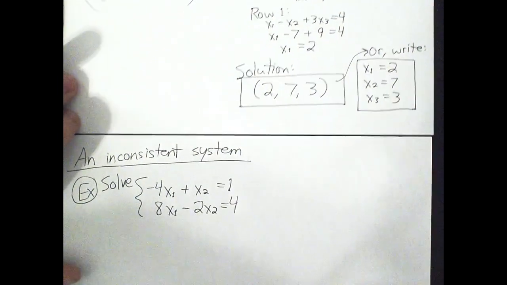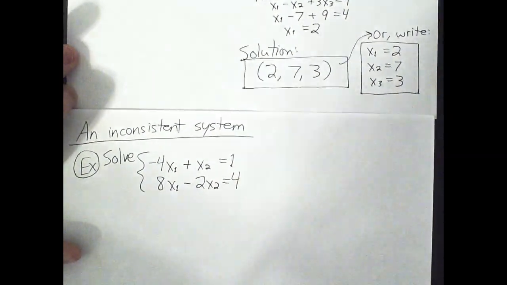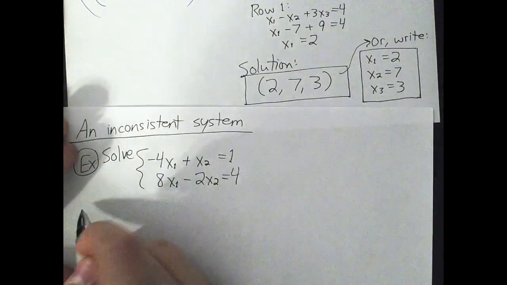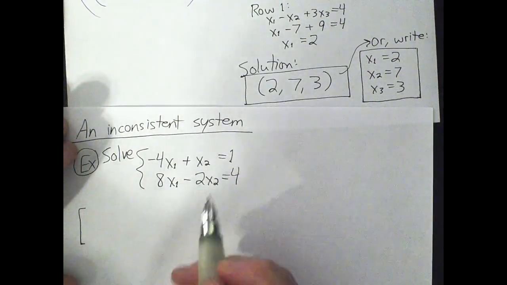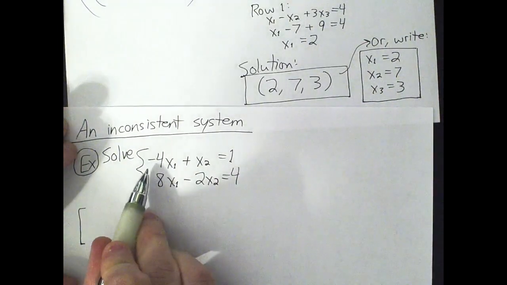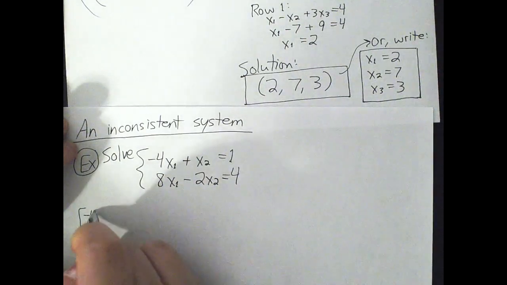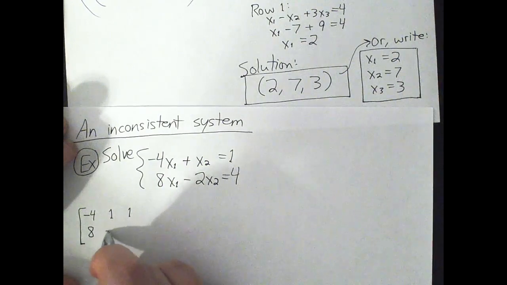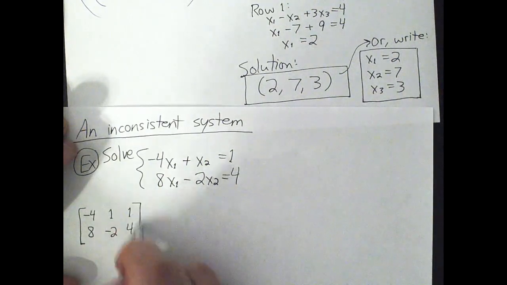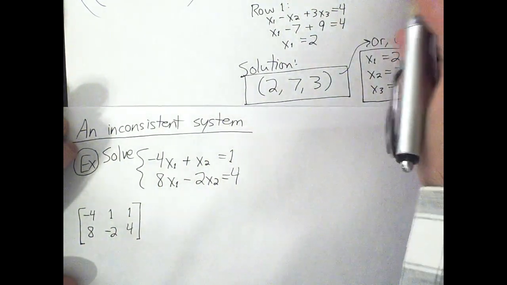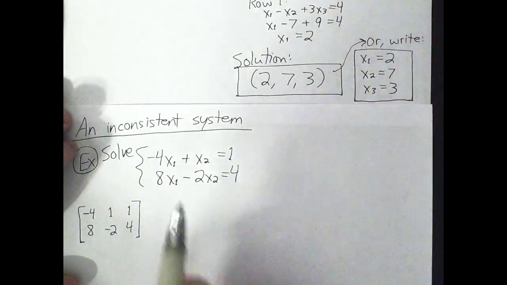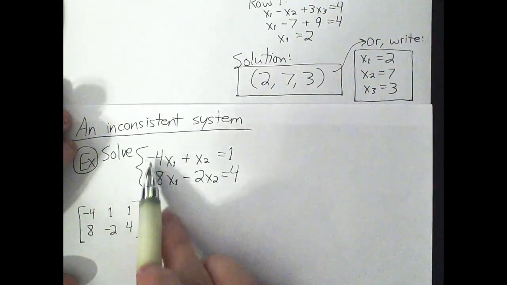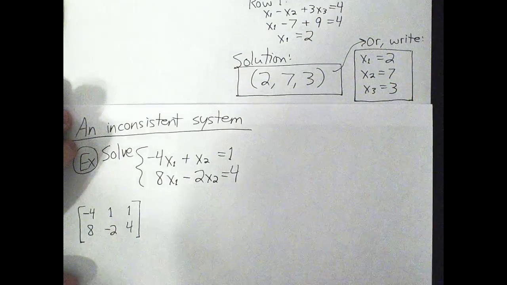But we could do this as a matrix. It'd be good practice. So let's make the augmented matrix of the system, which means we write -4, 1, 1, 8, -2, 4. We're just taking the numbers out of the system. We see a -4, we see an 8, and so on.